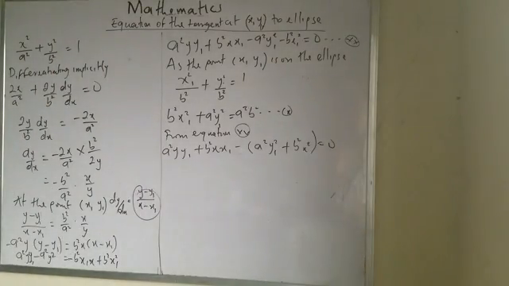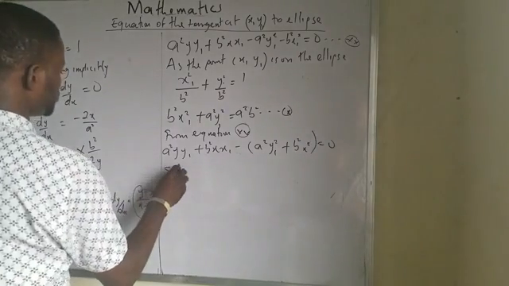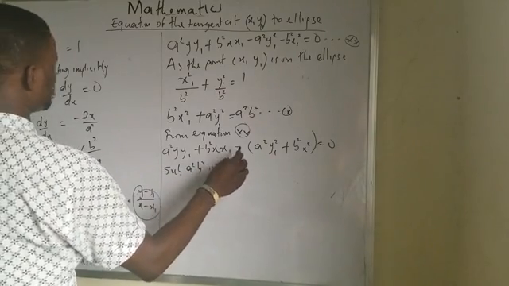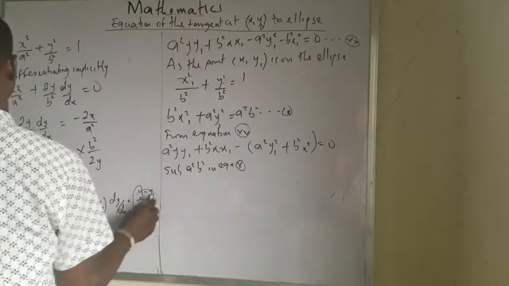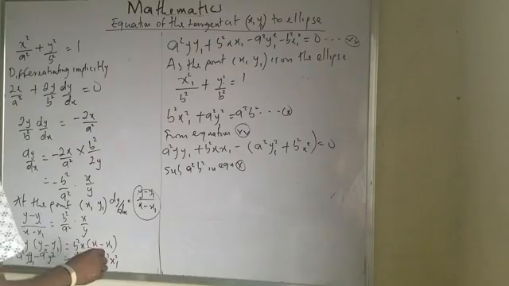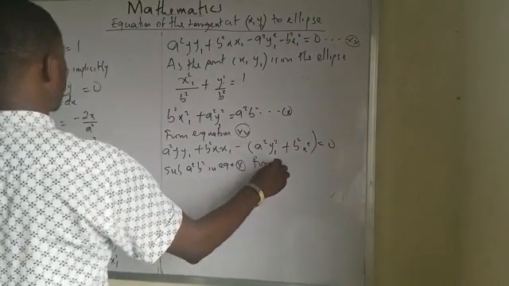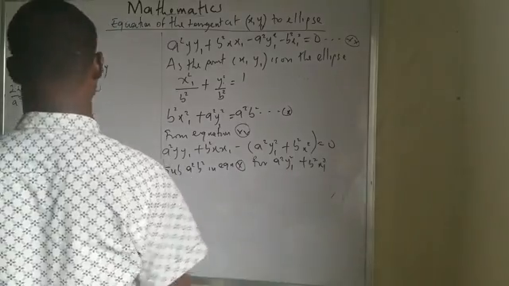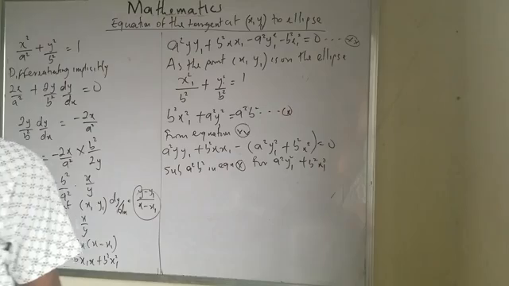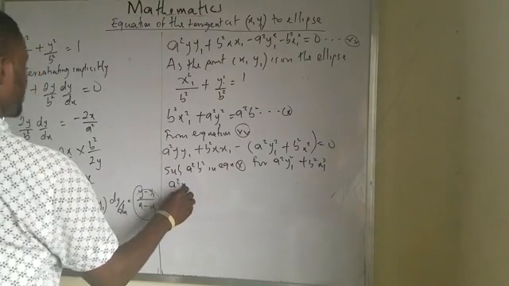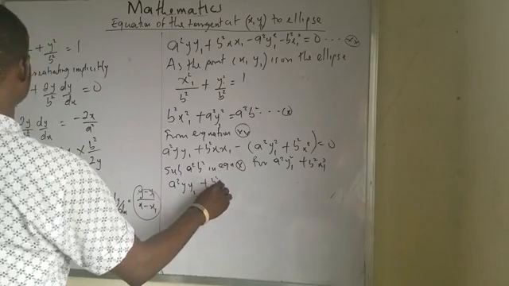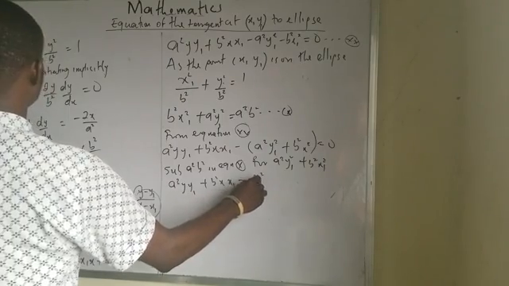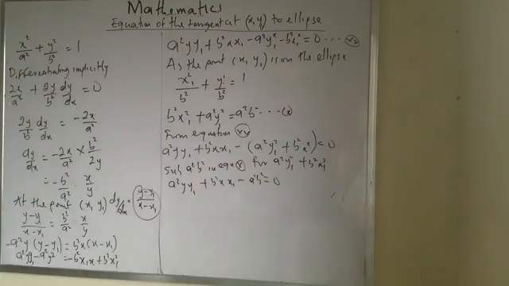Now substitute a squared b squared into equation star, which I'll be having a squared y squared 1 b squared x squared 1. Okay, now I'll be having a squared y1 squared plus b squared x1 minus a squared b squared equals to 0. It means all what I have there equals to 0.